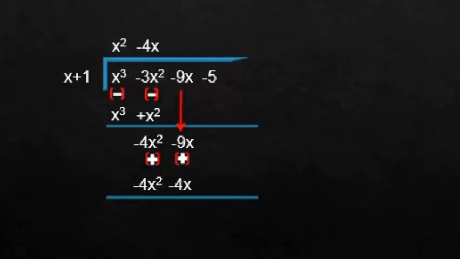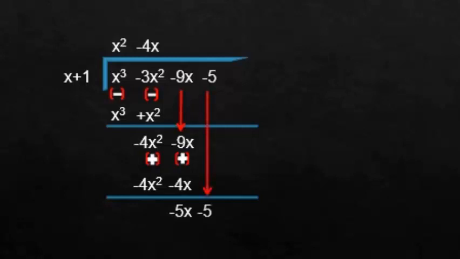One is the subtraction sign and one is the minus with minus 4x. So it will become minus 9x plus 4x. When different signs are there, you subtract the smaller number from the larger number and put the sign of the larger number. So the answer you get is minus 5x.